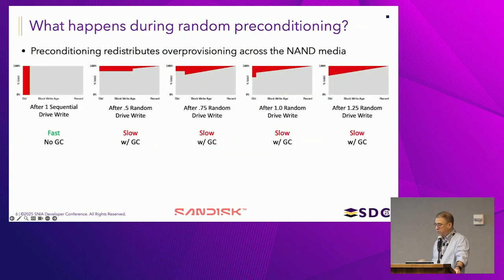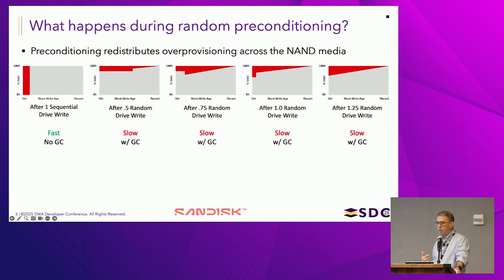If you look at the way that the conventional preconditioning is done, you first start off with what we have on the left-hand side, where you do one or more sequential writes. The main purpose of that sequential write is to logically fill the drive. If you look at the SNIA standard, I believe it says you should do 2 sequential writes, and we're not sure whether that's relevant anymore.